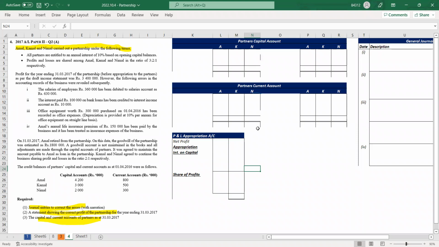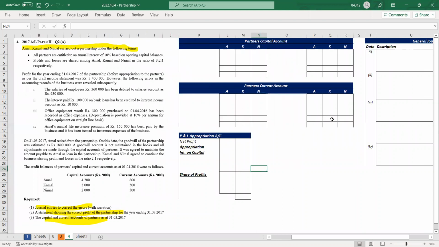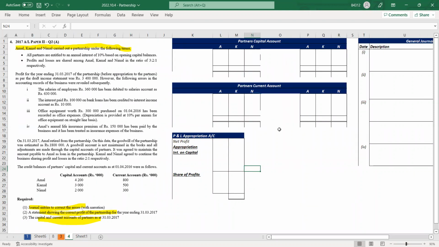So net profit is $3.4 million before the error correction. Then it says on 31st March 2017, Amal retired from the partnership. On this date, the goodwill of the partnership was estimated at 1.8 million.